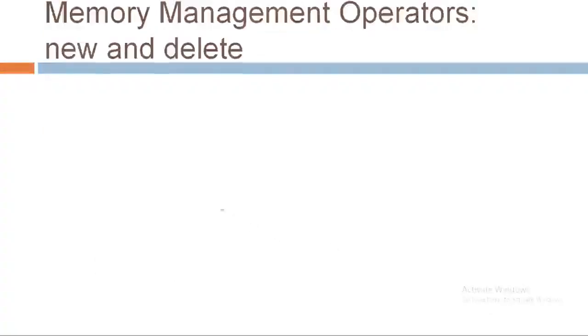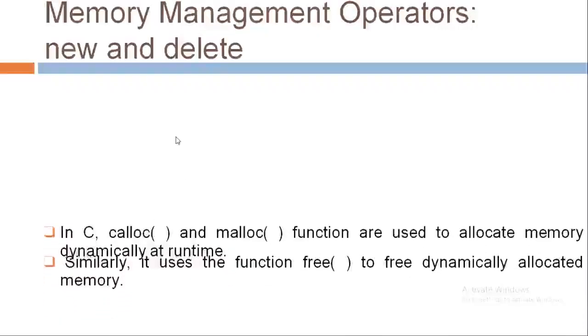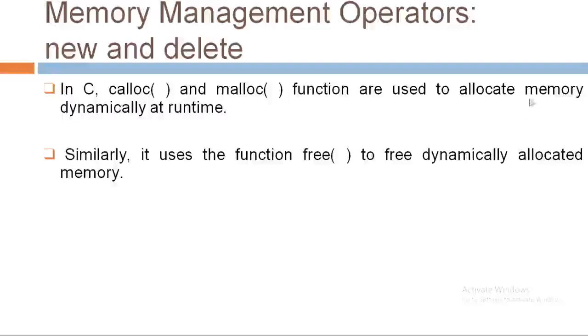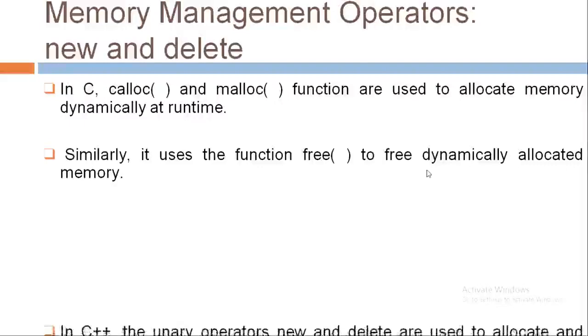Now let's see the next one, memory management operators. In C programs, we are using calloc and malloc functions to allocate memory dynamically, that means at runtime. Similarly, we are using free function to free dynamically allocated memory in C programs.